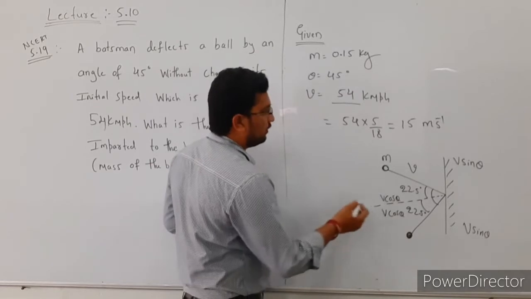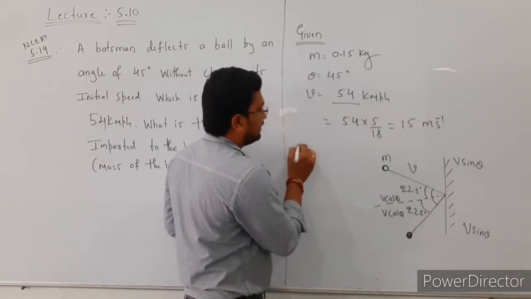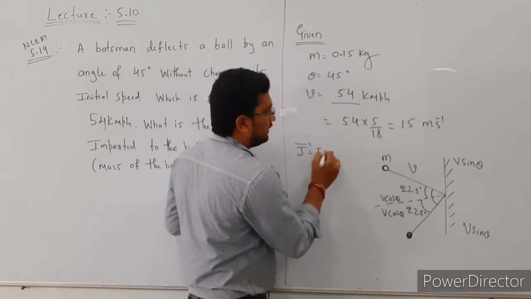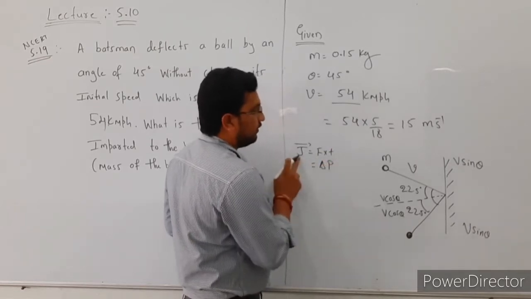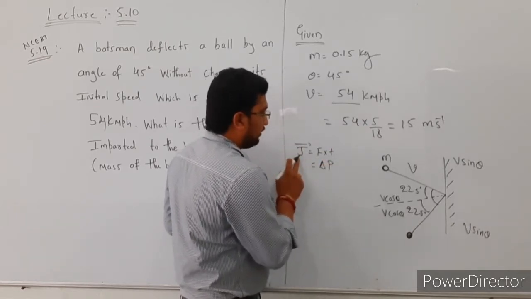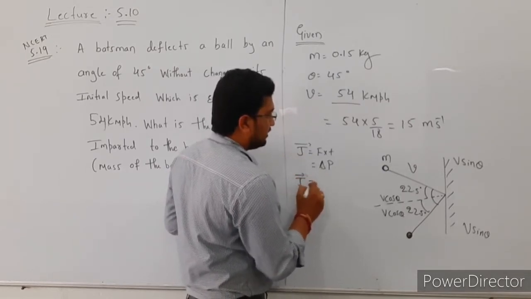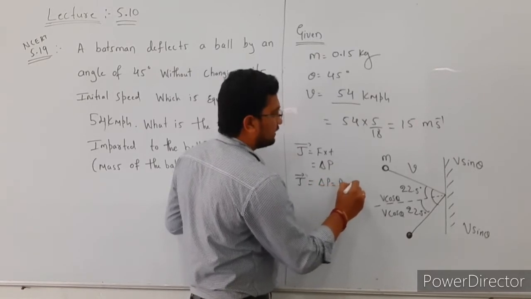Then the formula to calculate the change in momentum: the impulse is equal to force into time. This is the standard formula, and that is equal to change in momentum. Here we want to calculate the impulse, so impulse is equal to change in momentum, that is P2 minus P1.